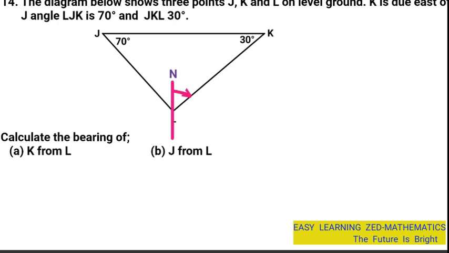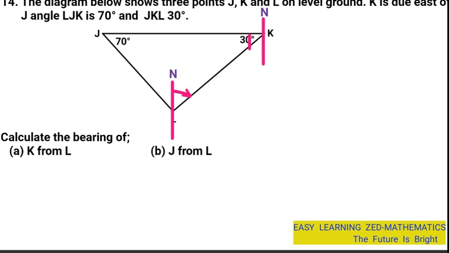To find this angle, we go to point K, where the 30 degrees is. We need to find the angle adjacent to 30 degrees. So I'm going to draw the line there as well, put the direction there, and then find this angle.